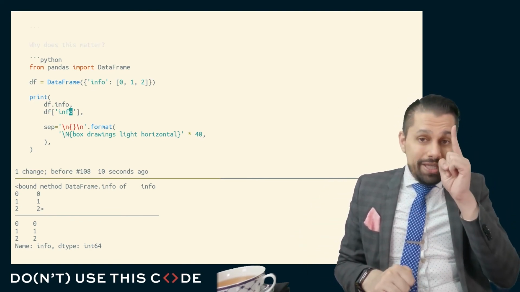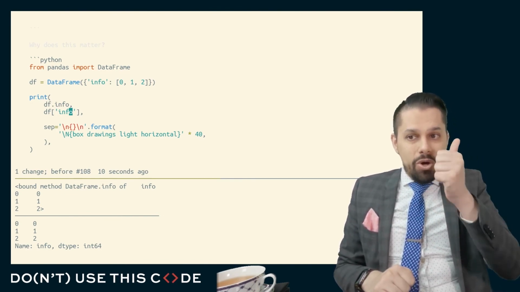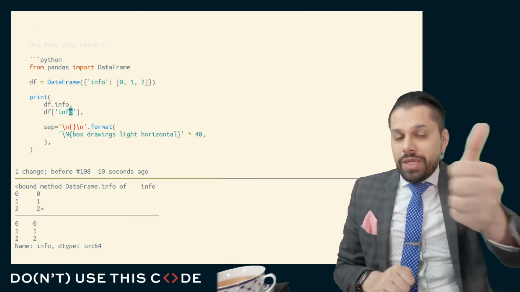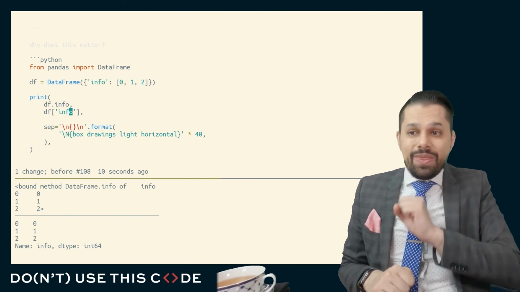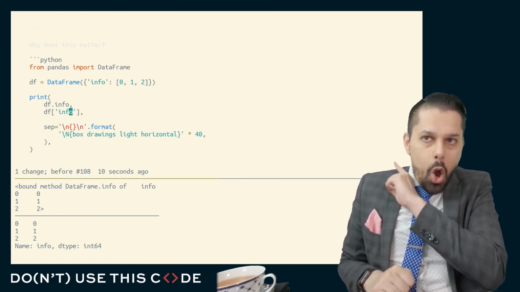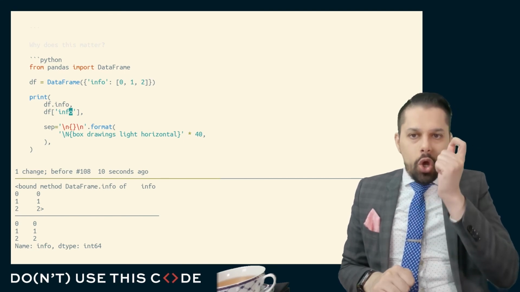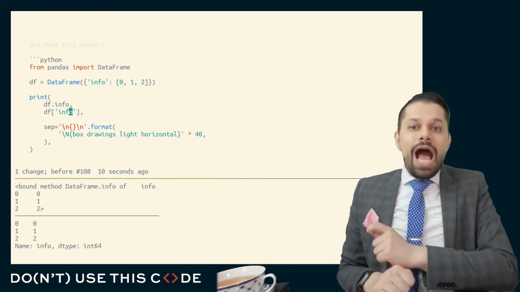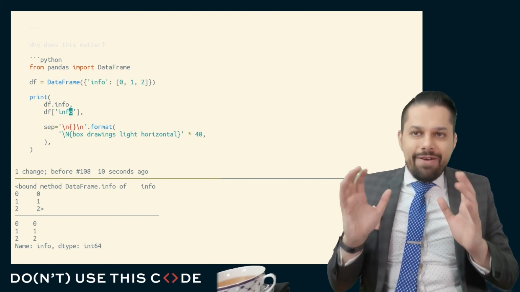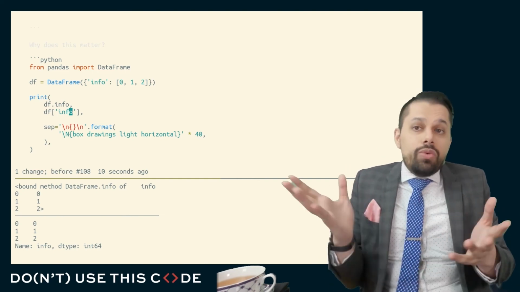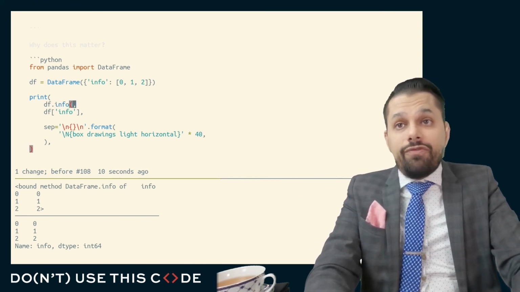In other words, we're using the same channel, the attribute access, to store both the mechanical structural things we can do to the data frame and the information about the data that it contains, the column names. And there's an ambiguity. This is why I always use the square bracket access, because it's unambiguous. The square bracket access always means give me a column. It's an out-of-band encoding of the idea of looking up a column that can never be confused with, oh, .info, maybe .info is the bound method that tells you information about your data frame.